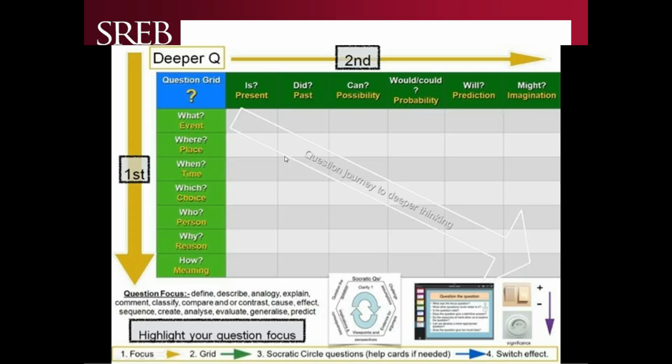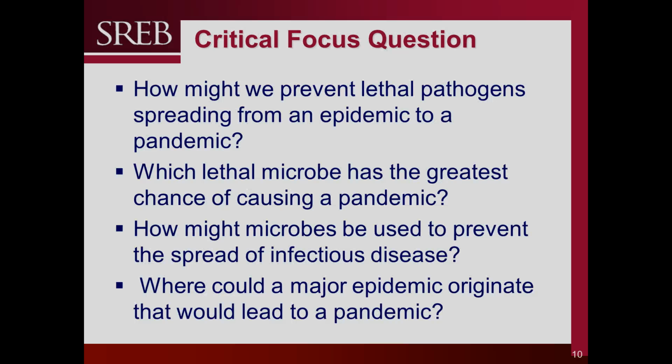You might end up with a class of 25 papers that are almost the exact same. But as you move this way, if you're using how might, you'll probably end up with 25 papers that are totally, completely different. And there is so much more learning when the share out time comes, when students are presenting their work.